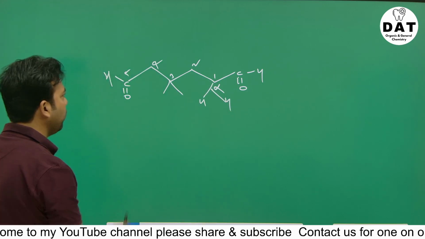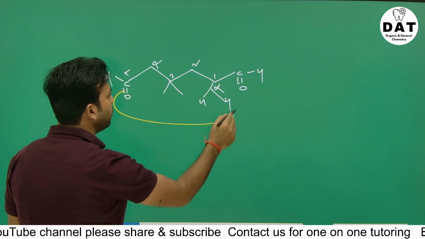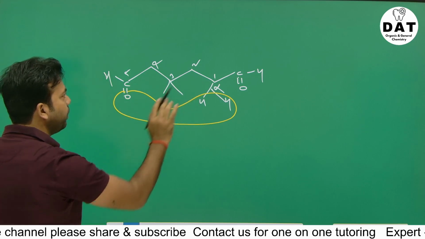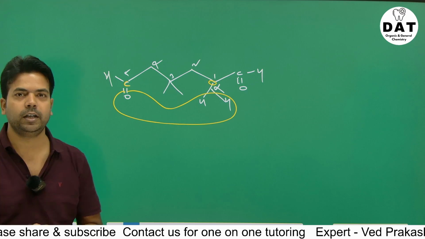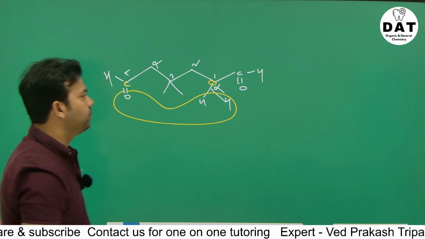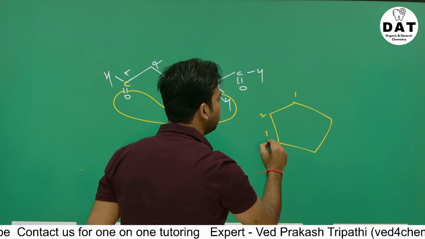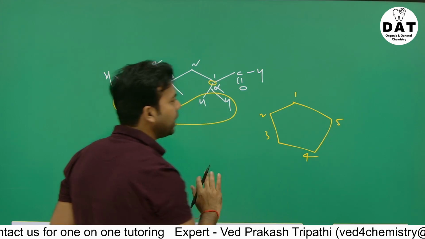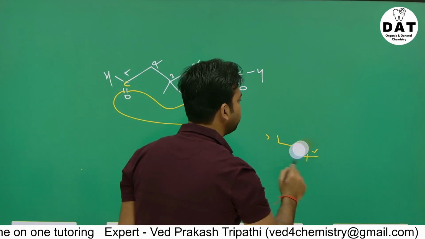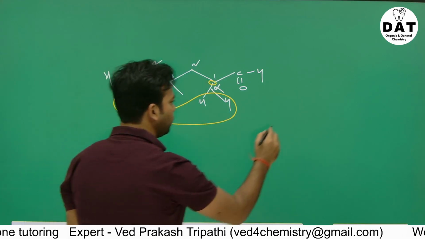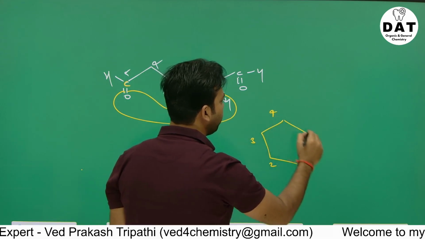So there is a loss of a water molecule from this oxygen to this alpha. So there is a 5-member ring, with 1 directly bonded to 5, like this. This is a 5-member ring, suppose 1, 2, 3, 4, 5. And you can start numbering from any position, it doesn't matter. Suppose you start numbering like this: this is my 1, this is 2, this is 3, this is 4, this is 5.